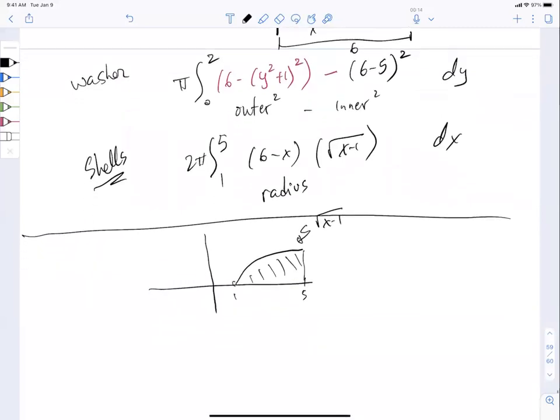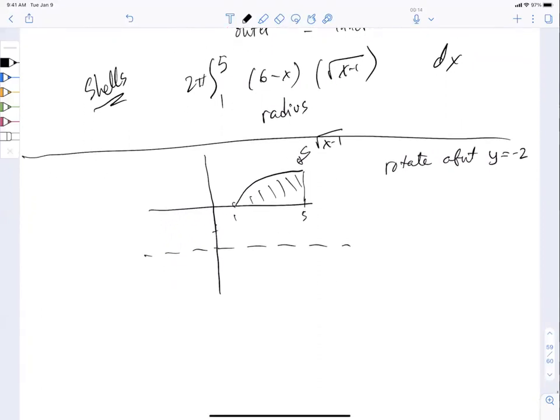And let's rotate it now about y equals -2. Again, the accuracy of the shape is not as important as the algebraic expression you write or the calculus of what you do.